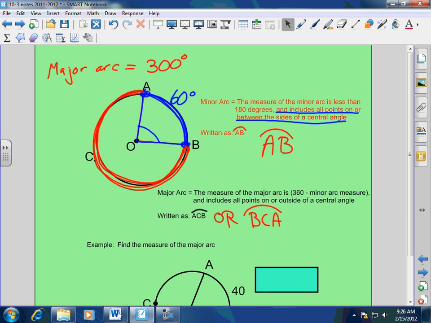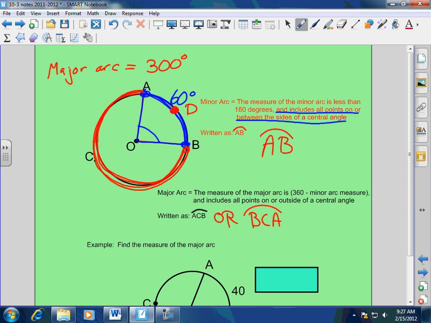Okay, what if there's a point between the A and the B? For example, let's say there's a point here, and let's call that D. Well, then you have different things here. You've got arc AD, arc DB, or AB.